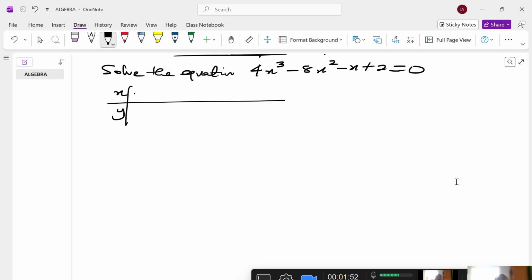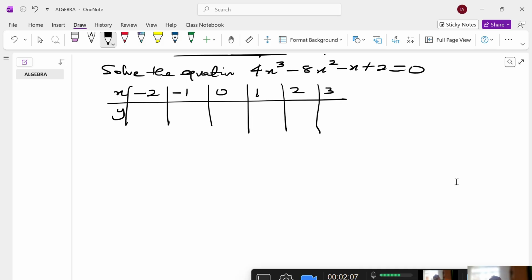What do I mean? Minus 2, minus 1, 0, 1, 2, and probably 3. Just take values of x, but not too much range, just to save your time. Then you start finding the values of y for each of these expressions.